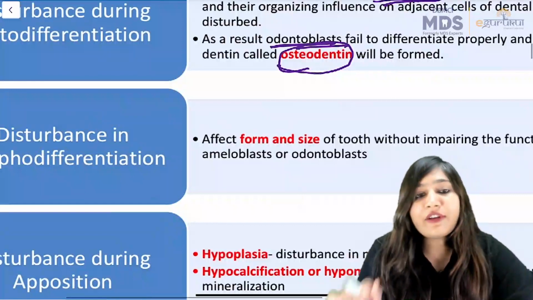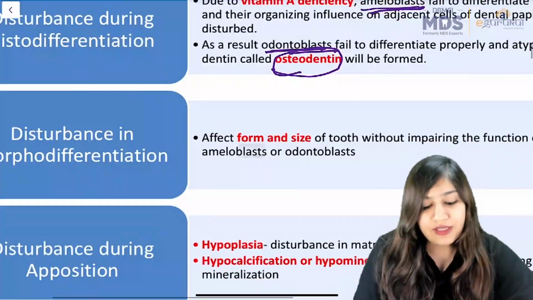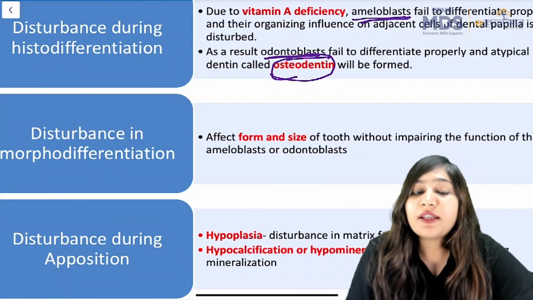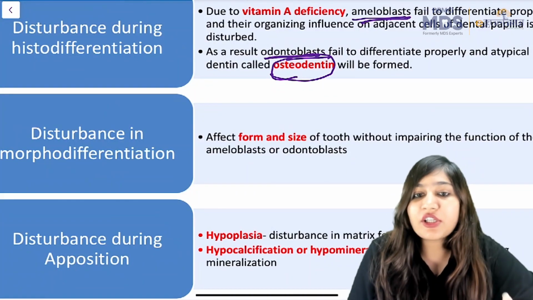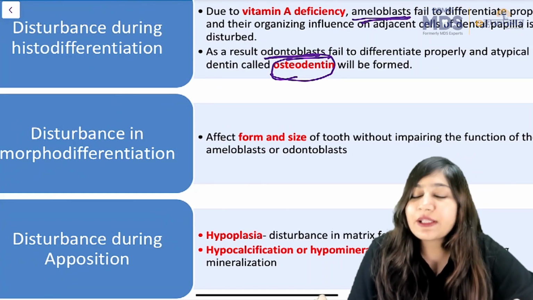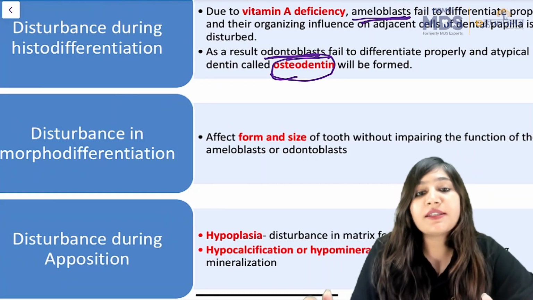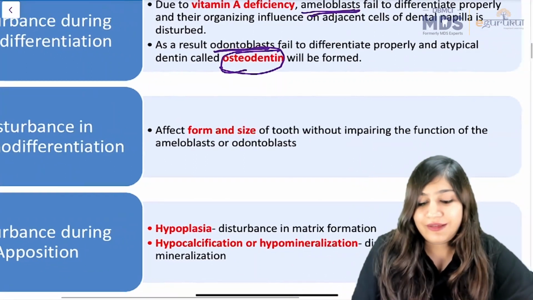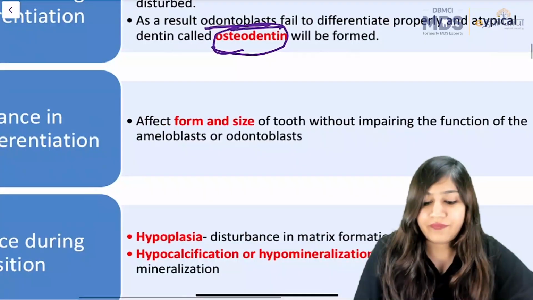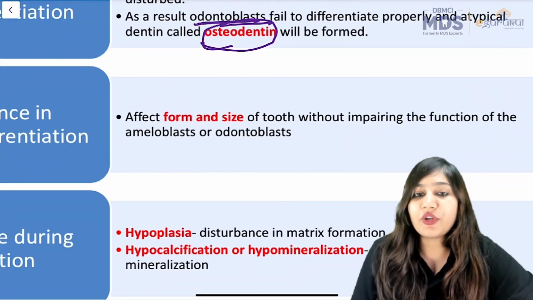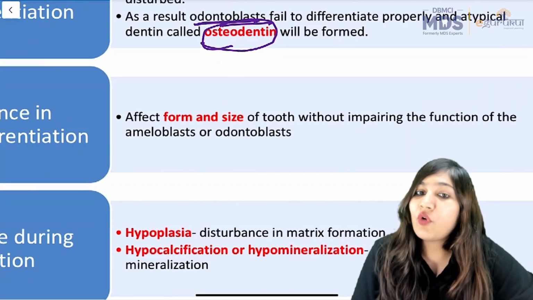Now coming to the difference as compared to histodifferentiation, the morphodifferentiation stage. So what happens in morphodifferentiation? Shape of the crown is determined, right? So if there is a disturbance during morphodifferentiation stage, it mainly affects the form and size of the tooth without impairing the function of ameloblast or odontoblast. In histodifferentiation, what we have seen?